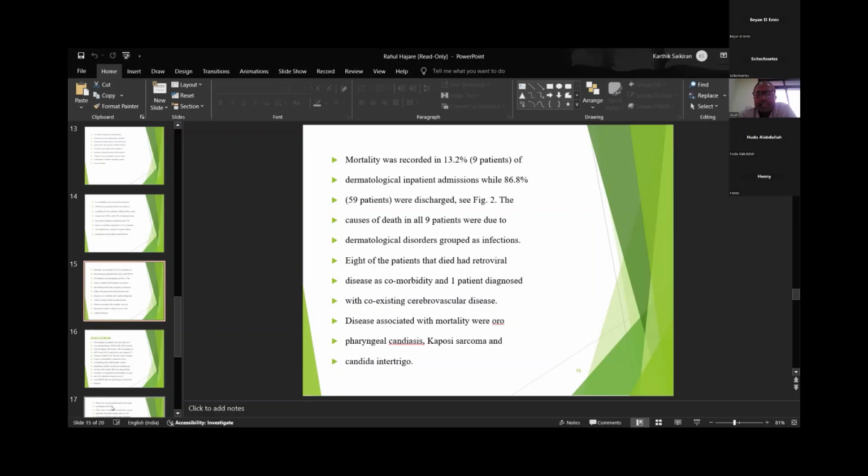The cause of death in all 9 patients was due to the dermatological disorder group of infection. 8 of the patients who died had retroviral disease as a comorbidity, and 1 patient was diagnosed with coexisting cardiovascular disease. Diseases associated with mortality were oropharyngeal candidiasis, Kaposi sarcoma, and Candida intertrigo. Next slide.